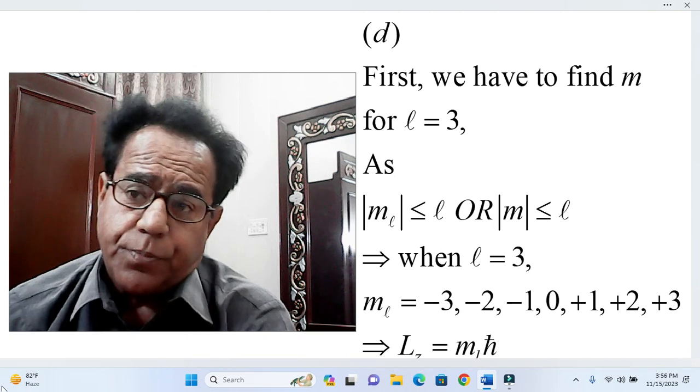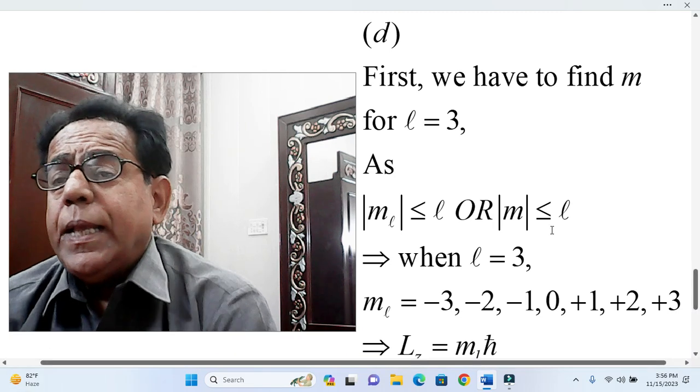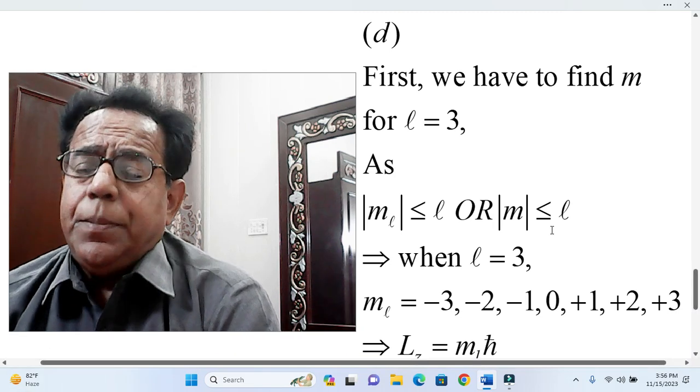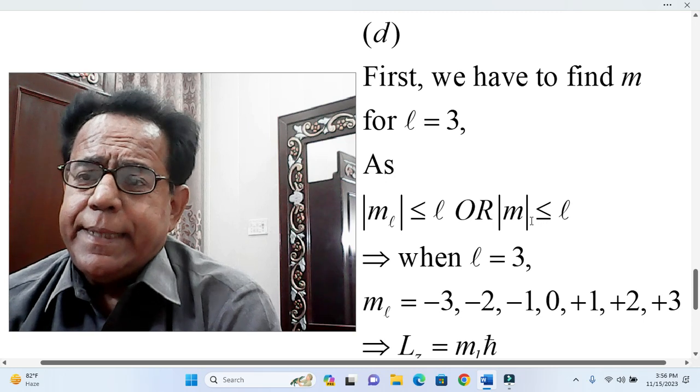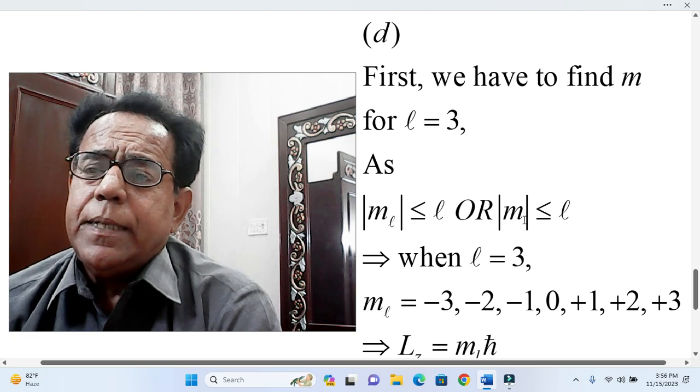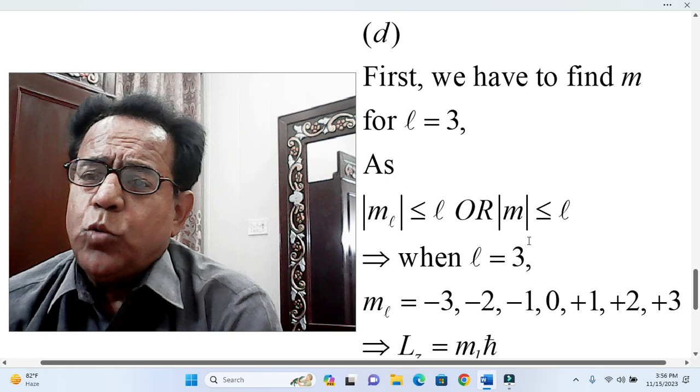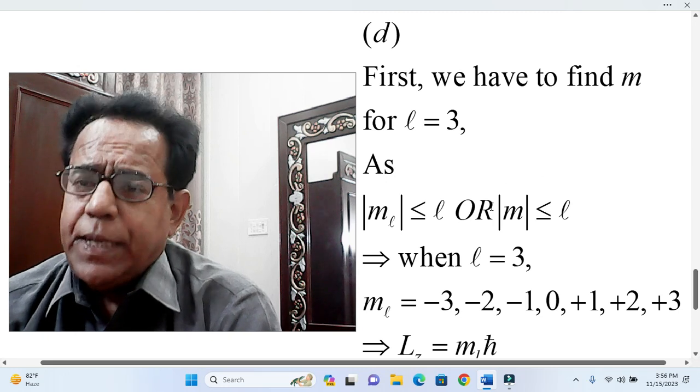Dear students, in mathematics, particularly in real analysis, this situation is very often faced.